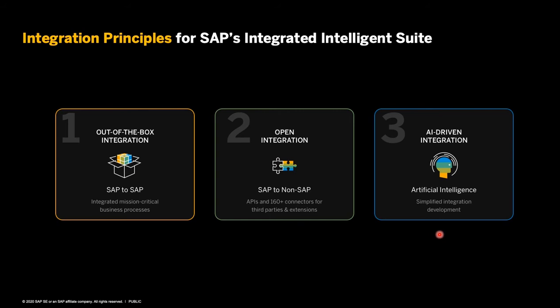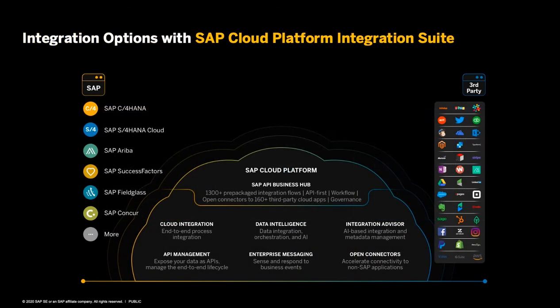The integration advisor, for example, leverages artificial intelligence and provides proposals for message implementation guidelines and mapping guidelines, which even further reduce the creation of implementation scenarios by 60% and more. And here already a first overview of the SAP Cloud Platform Integration Suite.